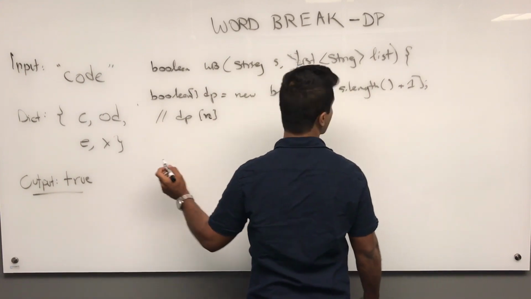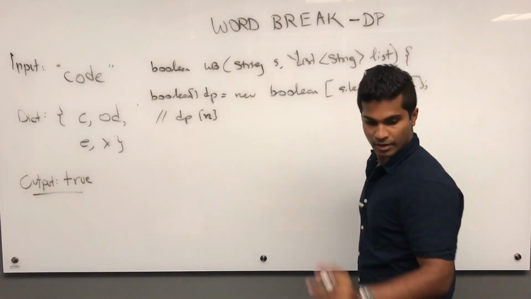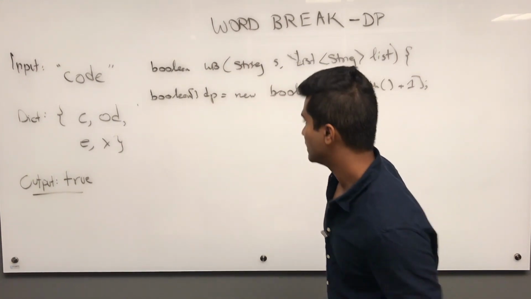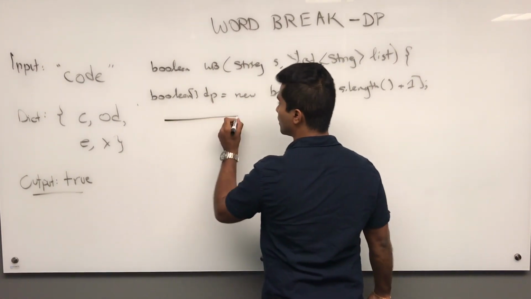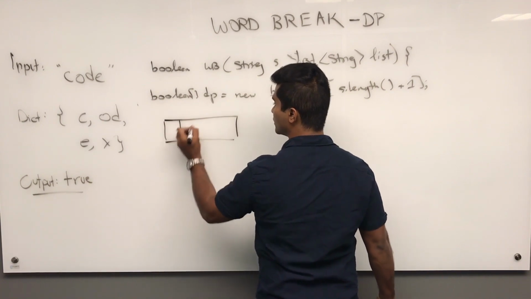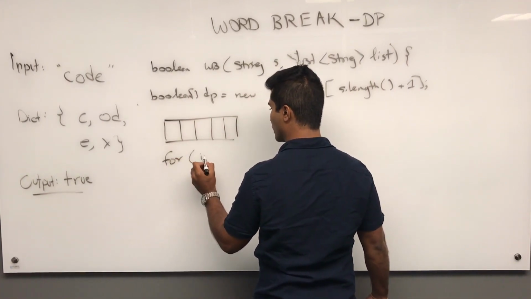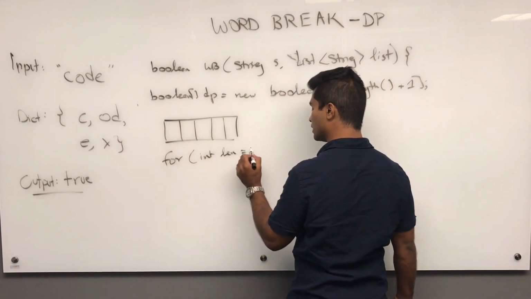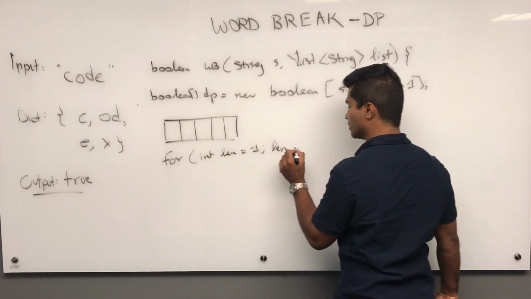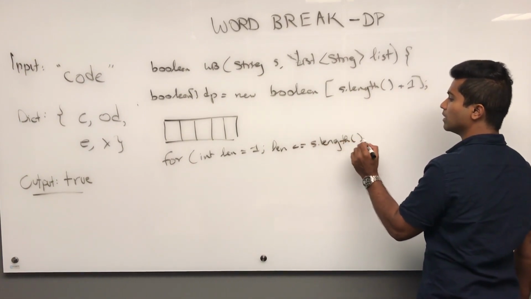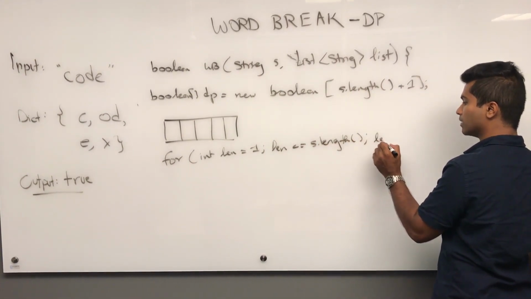So let me actually write down 1, 2, 3, 4. So the code is this. For int length of 1, length is going to be calculated until the string's full length, and then length plus plus.